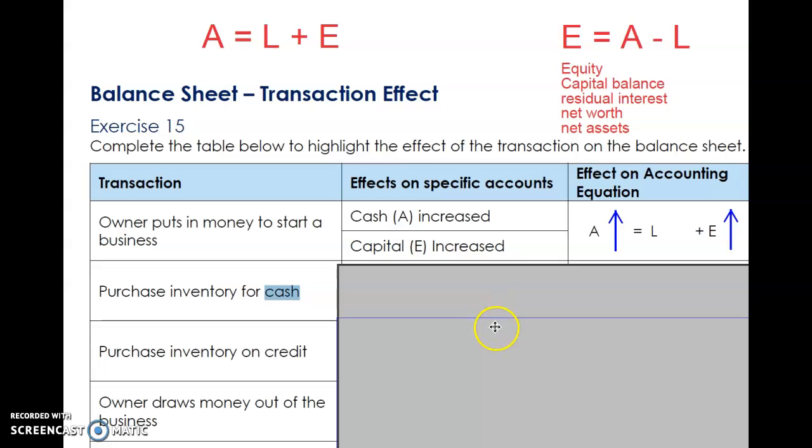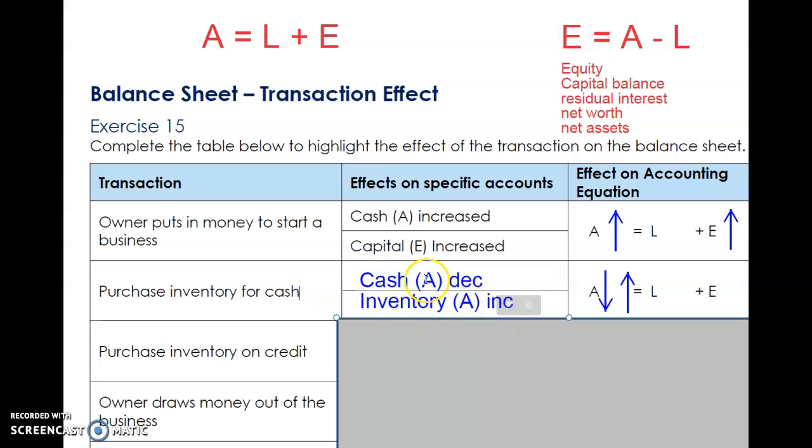So if you have a look at the effect here, the cash account, which is an asset account, decreases, and inventory, which is also an asset account, increases. So we have this both down and up effect on assets on the one side of the equation, and our equation is maintained. The integrity of the equation is kept.